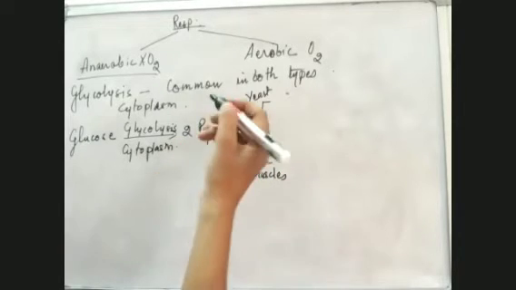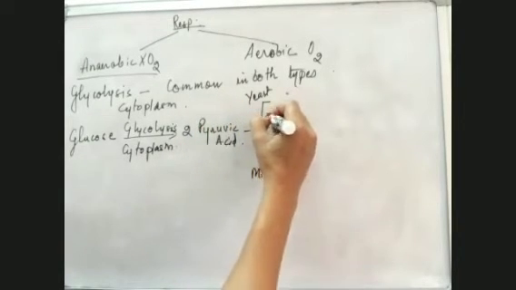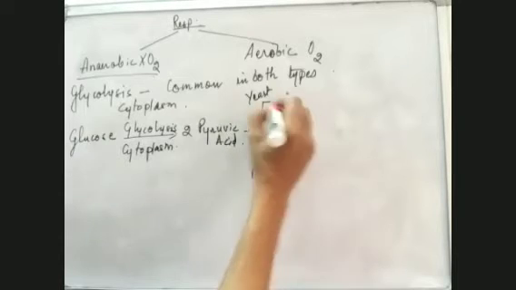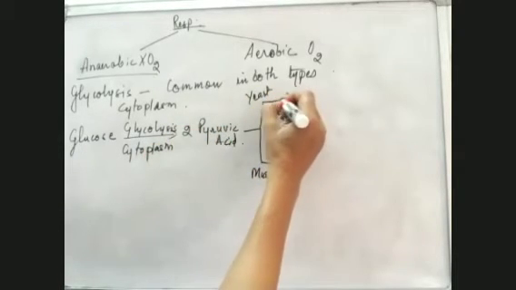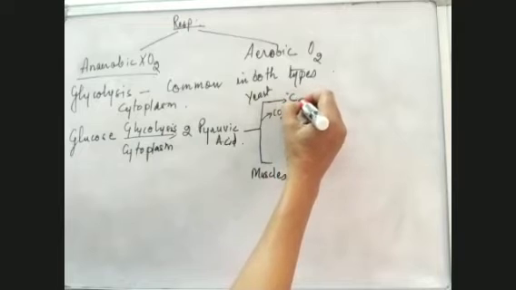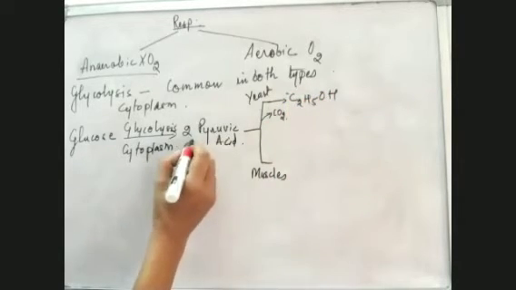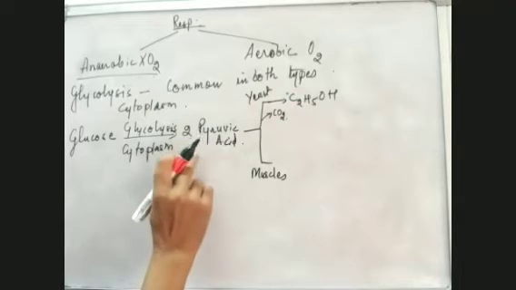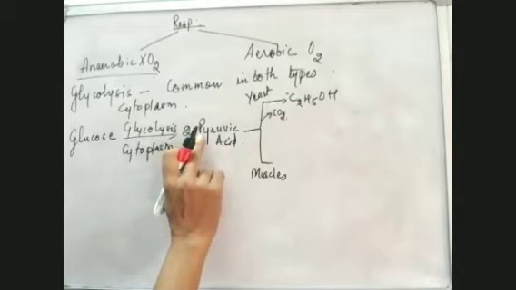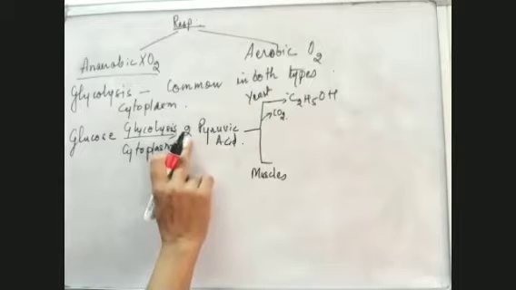What happens in the yeast? In the yeast, CO2 is given out. After the giving out of CO2, a 2-carbon compound, C2H5OH, is formed. Here we have 6 carbons, because pyruvic acid is a 3-carbon compound and we have 2 pyruvic acids.